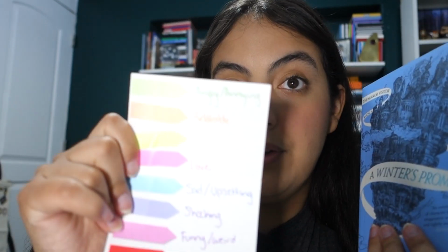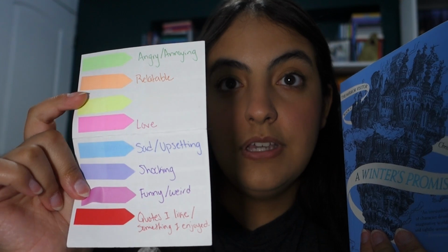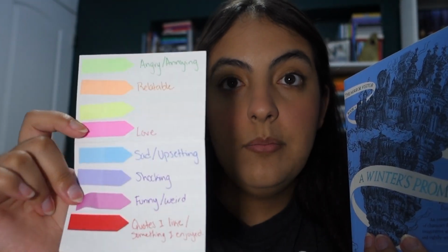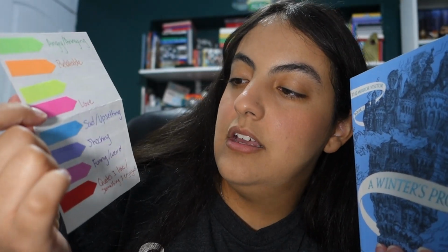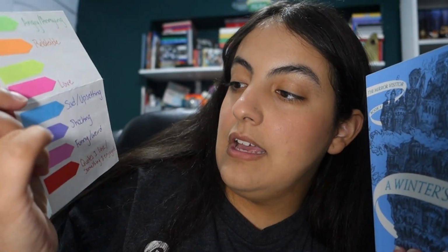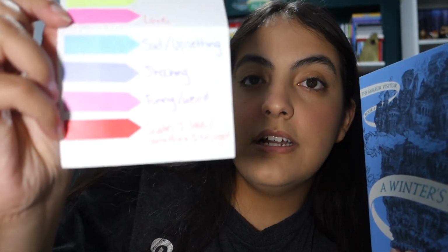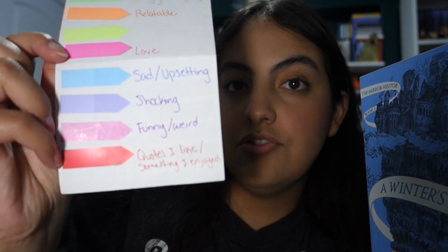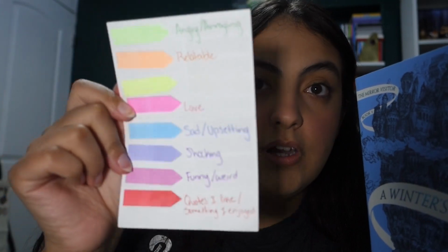So for this one, green is for angry or annoying, orange is relatable, yellow is important information, pink is love, blue is sad and upsetting, the dark purple is shocking, the light purple is funny and weird, and red is quotes that I liked or something I enjoyed.